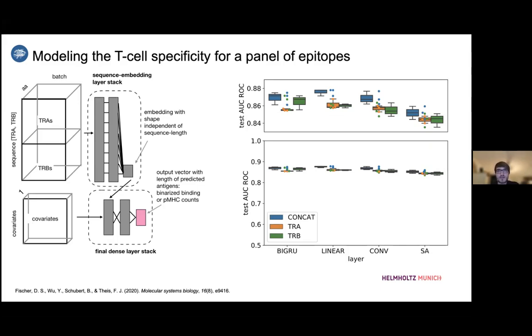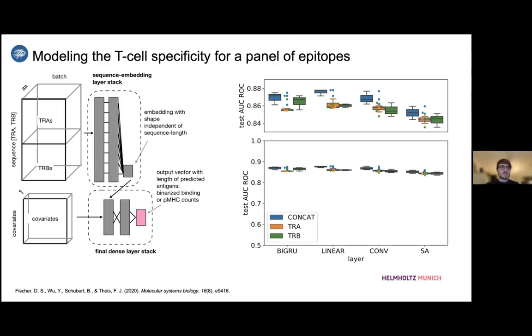Peculiarly, we already get quite high prediction performance with simple linear embedding layers or convolutional embedding layers. So this means we can reduce this problem in this setting to a motif finding problem within the alpha and beta chain. Of course, however, this architecture is extremely stringent and very rigid in terms of what we can do with this.